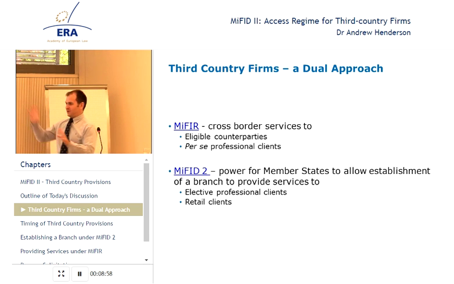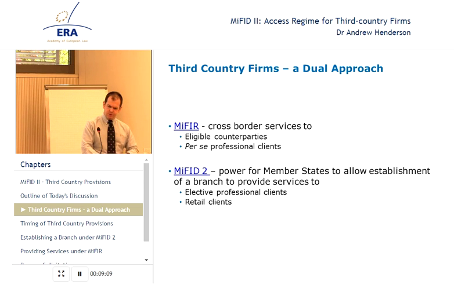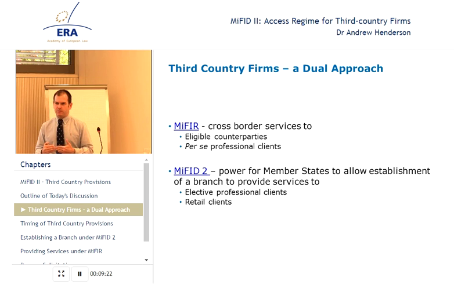I've avoided putting any article numbers on the slides so people are not distracted. But an important point, I think, to note around this is that the original proposal was that any third country firm wanting to offer services to retail clients or electives would have to come and set up a branch in a member state.